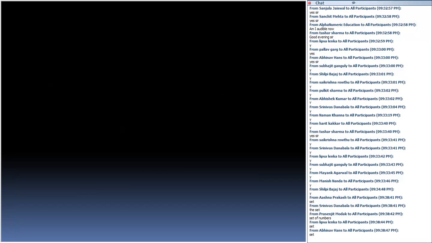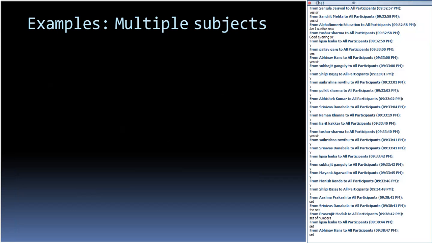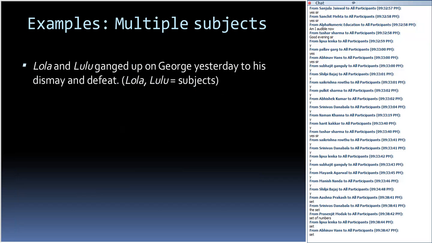Let me show you an example. For example, it says Lola and Lulu ganged up on George yesterday to his dismay and defeat. So who is performing the action? Both Lola and Lulu. So you have two subjects here in this sentence.